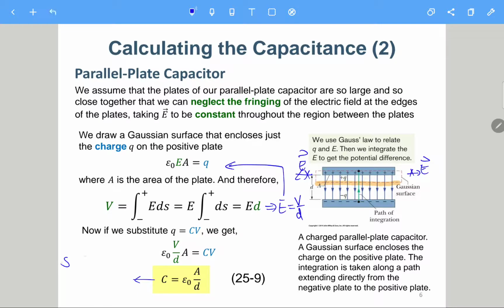The SI unit for capacitance C is F, farad. I think it is probably a short form for Faraday. Actually, you learn Faraday's law in chapter 30, which is one of the Maxwell equations. But for the capacitance, the SI unit is F, farad.